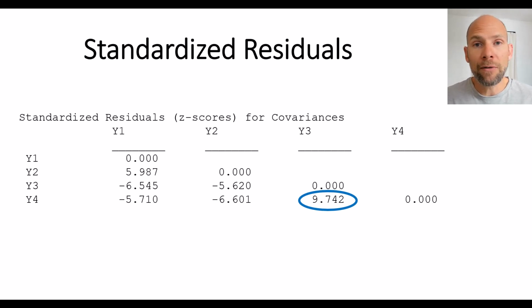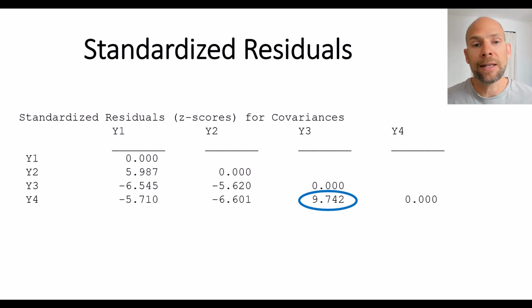You may remember from more basic statistical analysis that a z-score of 1.96 is statistically significant at the 0.05 level for a two-tailed test, and likewise a z-score of negative 1.96 or smaller would be statistically significant at the 0.05 level for a two-tailed test. And so 9.742 is much larger than 1.96, indicating that this is a highly significant residual.